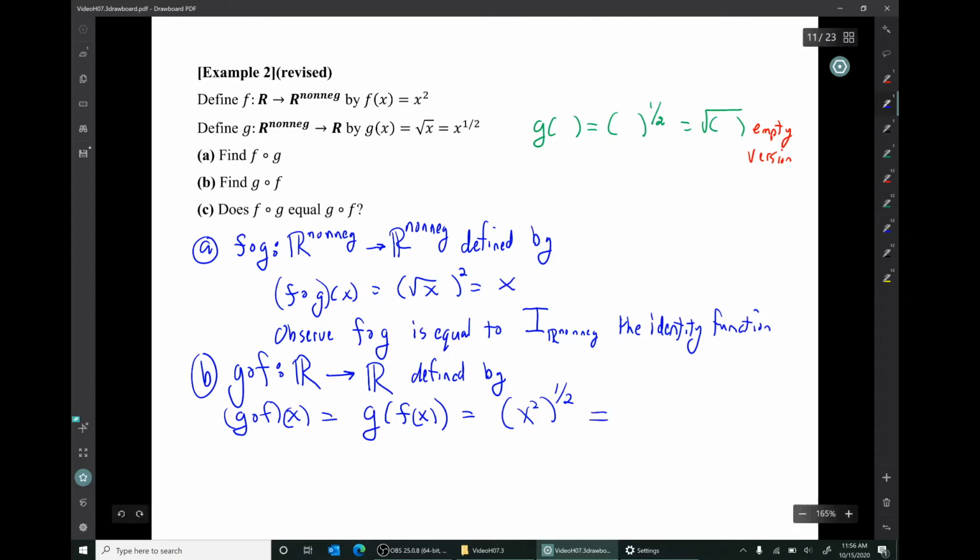This is actually the absolute value of x. The reason is that this symbol stands for the non-negative square root.